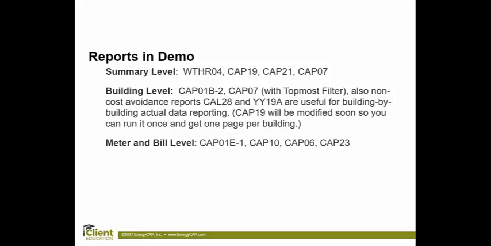That's very useful for identifying which buildings are the big savers and which buildings might be the big losers. And it also might be good reports to distribute to building managers. And finally, we'll go down to a lower level, the meter level, meter by meter, and also individual utility bill level.